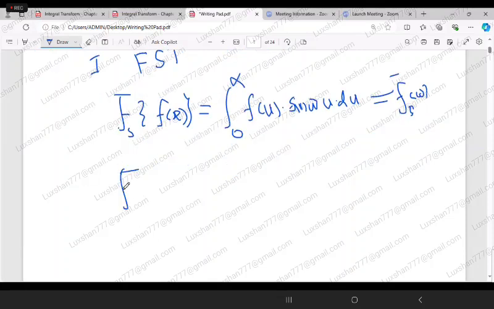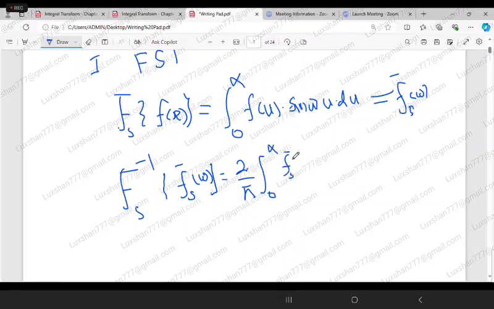Similarly, the inverse Fourier sine transform, Fs inverse of the function here, is equal to 2 over pi, integration 0 to infinity of fs bar omega sine omega x d omega.